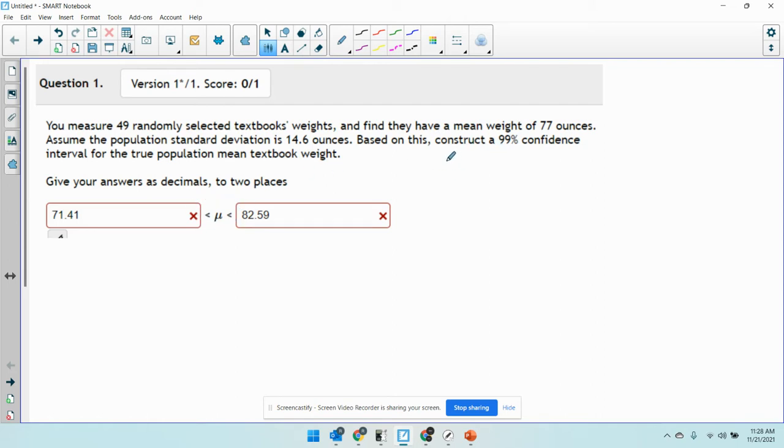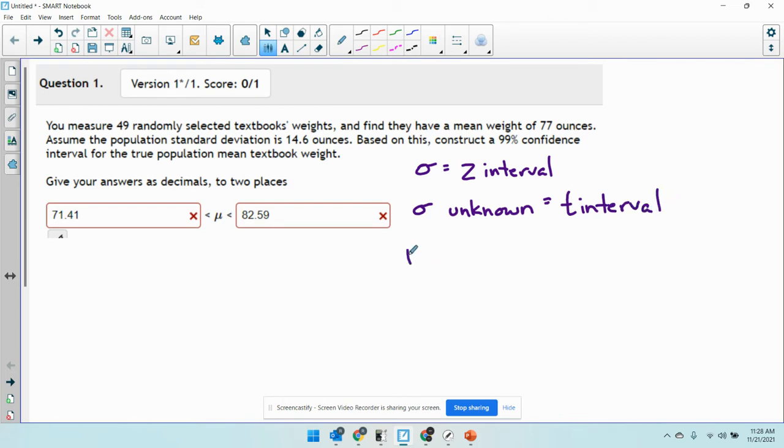So there's really three ways you can do this, and it depends on whether you know sigma or not, and if you're talking about the mean or a proportion. If we know sigma, then that implies we use a z interval. If we don't know sigma, that implies a t interval.